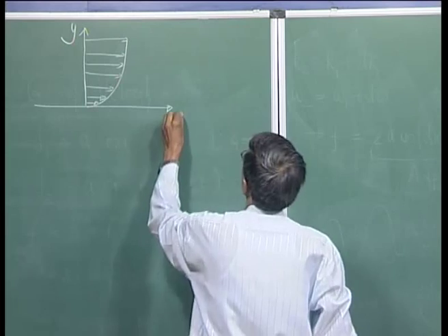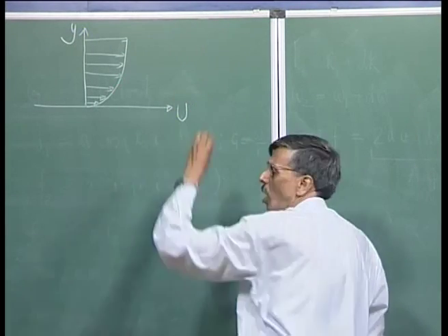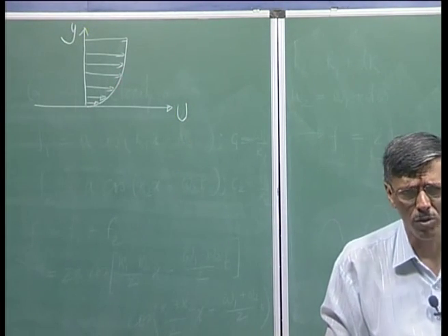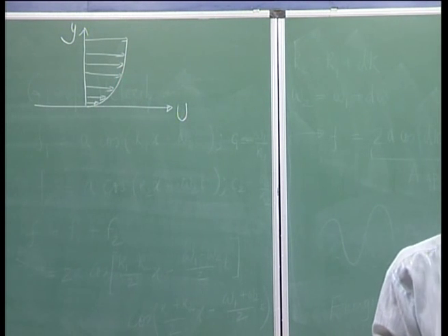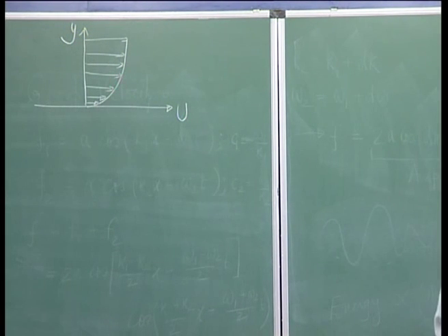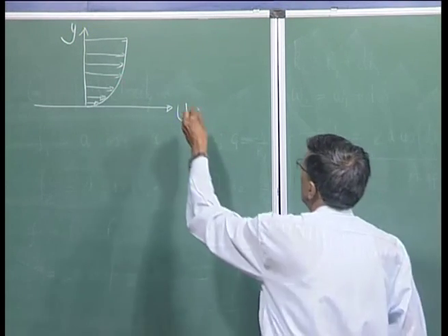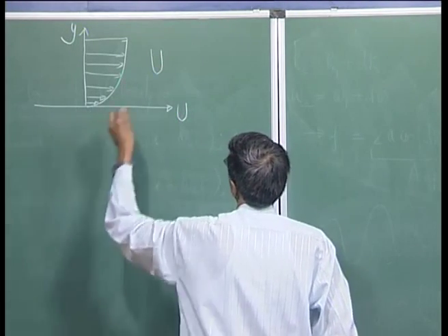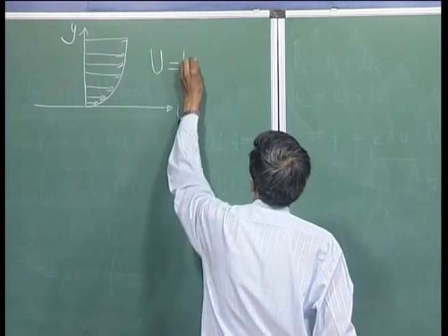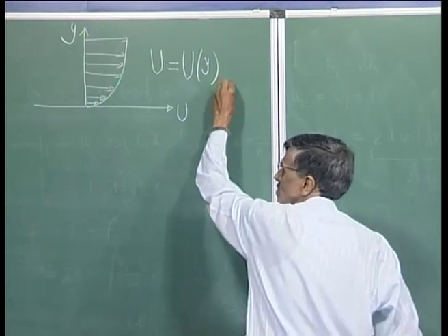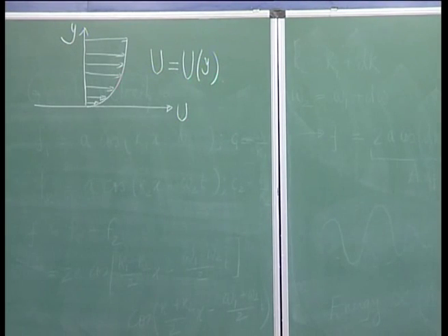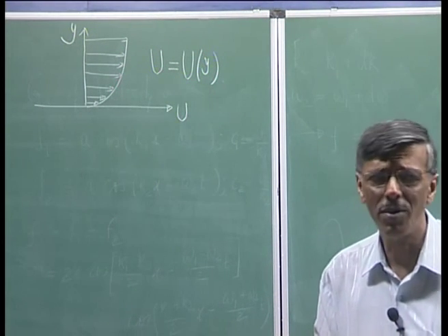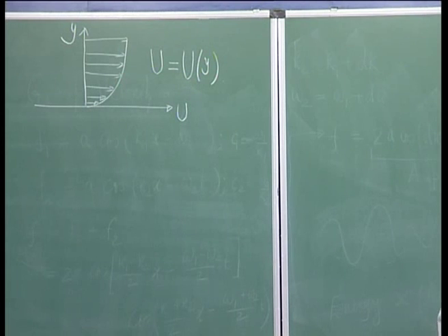For the sake of convenience, we will always represent the mean flow with a capital letter. Okay? We keep the lowercase notations for disturbance quantities. So what we have here is, of course, the mean flow. Earlier u2 was simply constant, u1 was constant, but here u is going to be u of y. So people were aware of it. Rayleigh, Helmholtz, Kelvin, they were all aware that the mean flow can have shear.